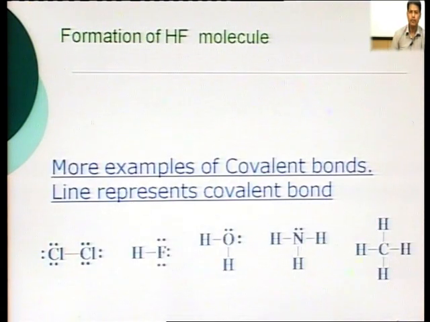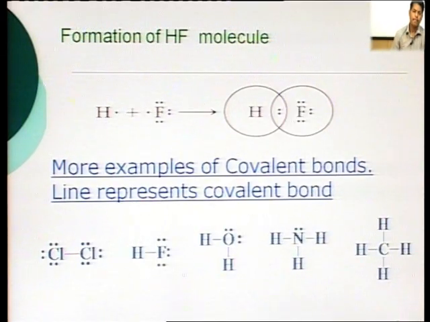Formation of HF molecule, that is hydrogen fluoride molecule. In hydrogen there is 1 electron, and in fluorine there are 7 electrons in the valence shell, and the half filled electron of hydrogen is shared with the half filled electron of fluorine to form a covalent bond.